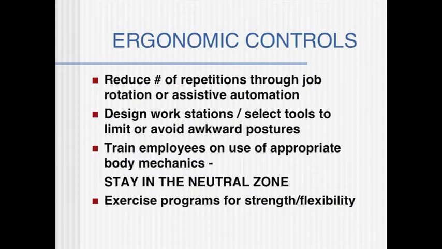These changes are sometimes referred to as ergonomic control measures, and there are several options for these, one of which is to reduce the number of repetitions in a particular task through job rotation, rotating multiple workers through the same task through the course of a work day, or perhaps assistive automation that can take some of the workload off an individual and the muscle groups required to perform the task.